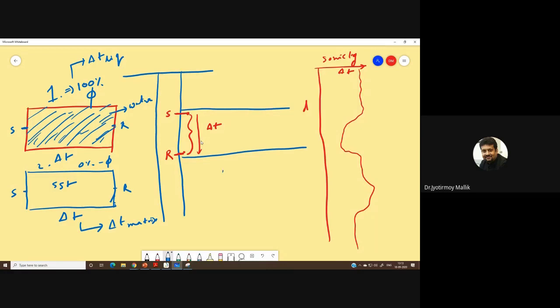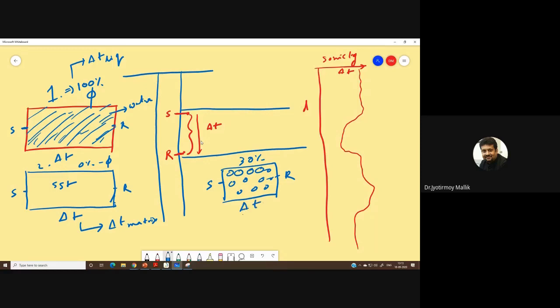Then, for example, I have a box filled with sandstone that has 30% porosity. If I send my sound wave, that will have another delta T.